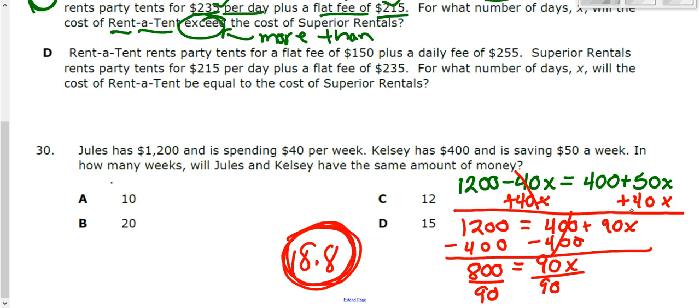I checked my solving to make sure I did that correctly, and I'm just not seeing a mistake. So 8.8 is the actual correct answer. There is no correct answer otherwise. Now 8.8 is more like 9 weeks, so you might say 9 weeks, but edit your test review so that it matches the work there.